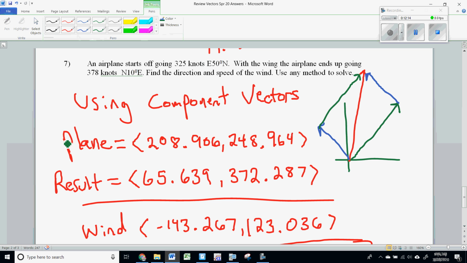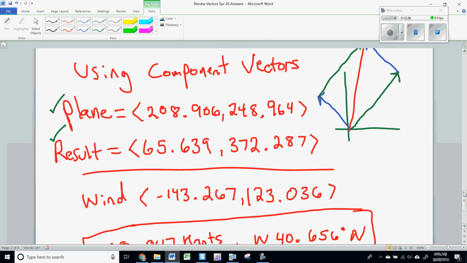If we use component vectors, we can figure out the component vector of the plane. We figure the component vector of the resultant. And then we can just figure out what the wind has to be so that when I add the plane and the wind, I end up getting this.